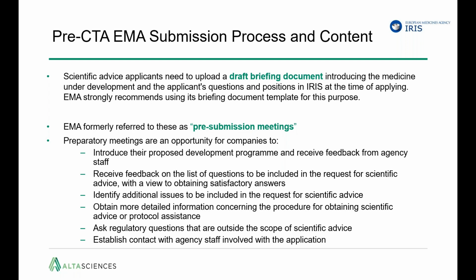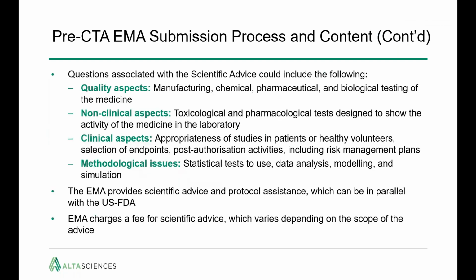The IRIS application allows for an electronic filing of the information, and as with Health Canada, the expected documents to be submitted for review are similar: briefing documents, an introduction of the proposed development program, as you could see the recurring theme there, and a list of questions to obtain scientific advice. Regulatory questions should be written within the scope of this meeting, and you should establish contact with the agency and staff involved in your application review.